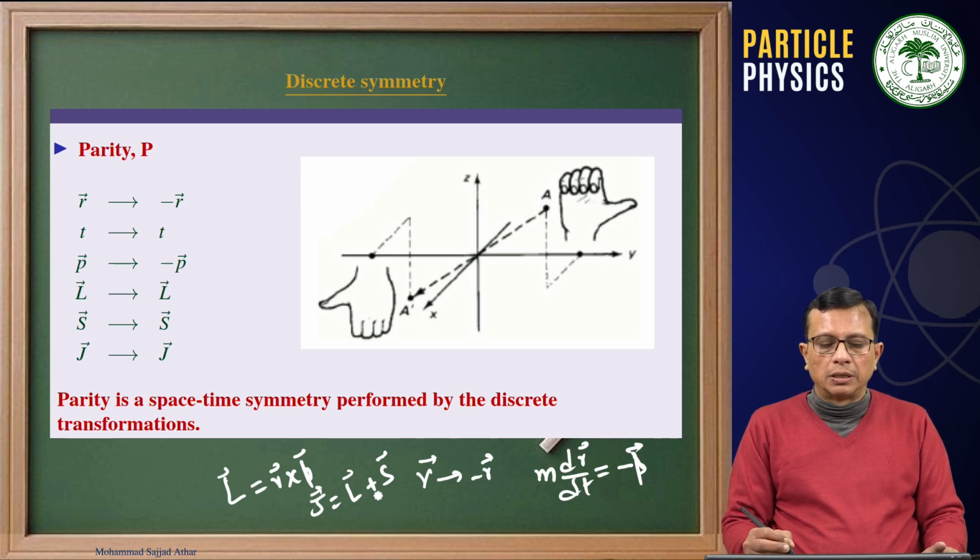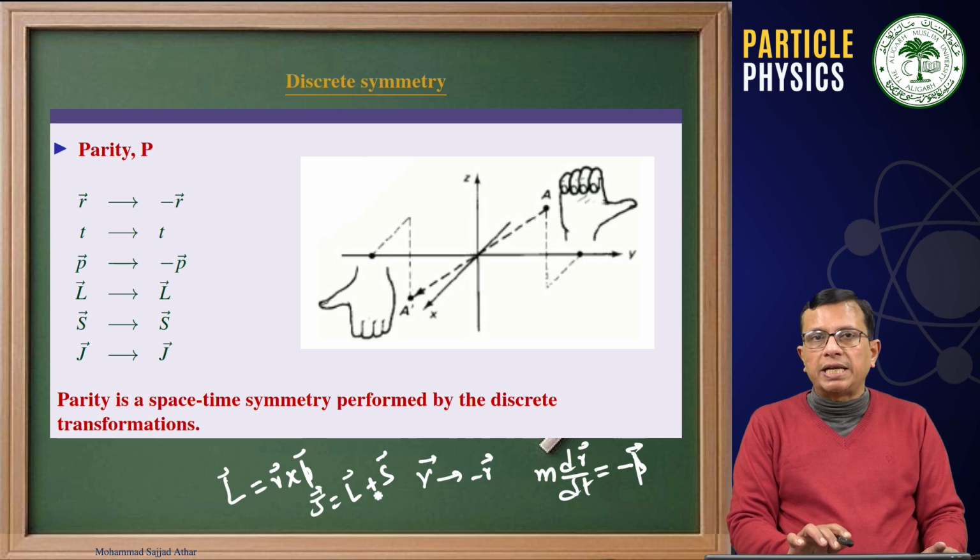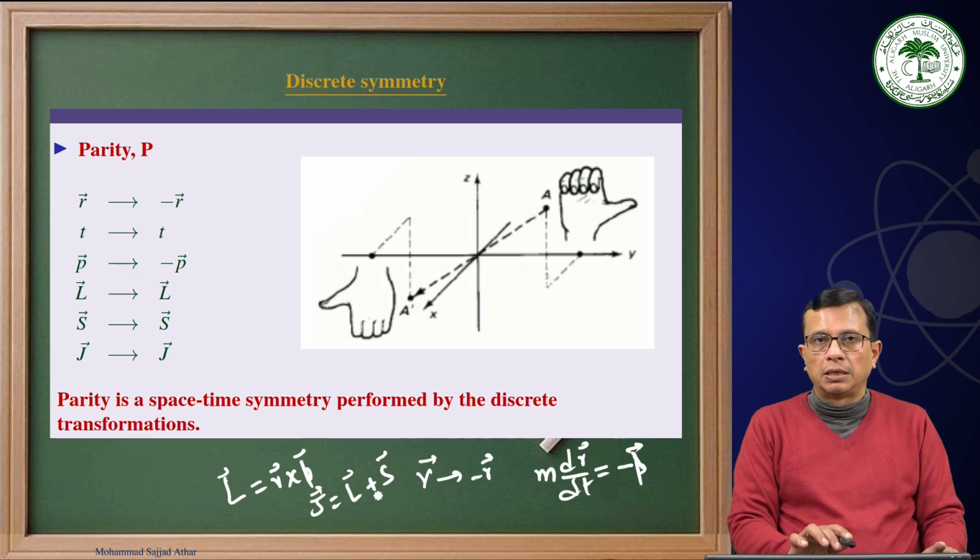And therefore we have quantities which change sign under parity and vector quantities which do not change sign under parity.